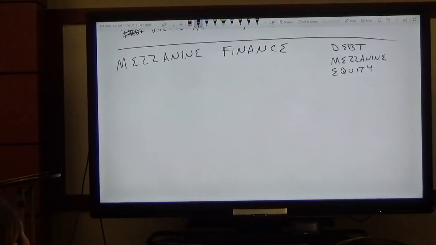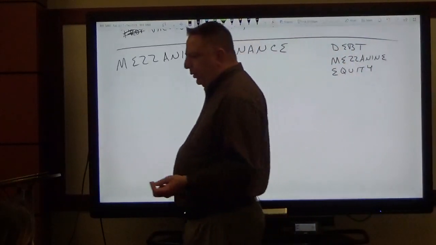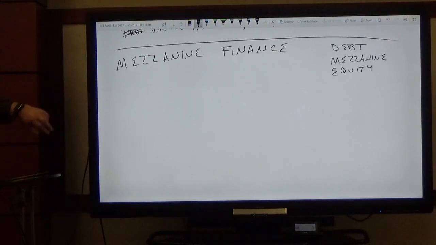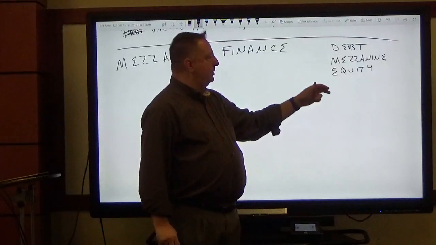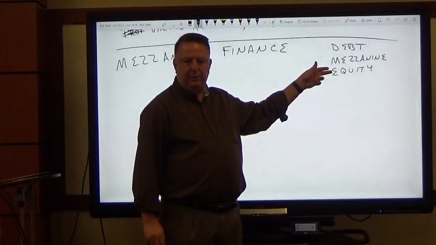And the reason it falls there is a mezzanine player could be someone like a venture capitalist, where in essence, they're going to want a higher rate of return than you're paying on debt, but they're usually not going to require as high a rate of return as your equity players are going to get.